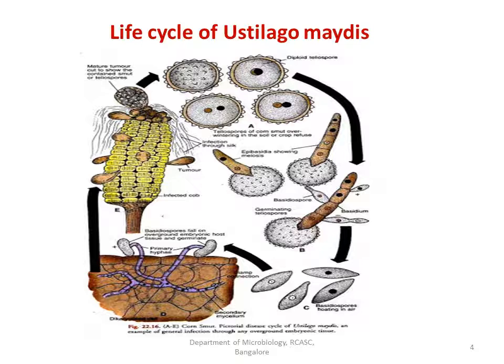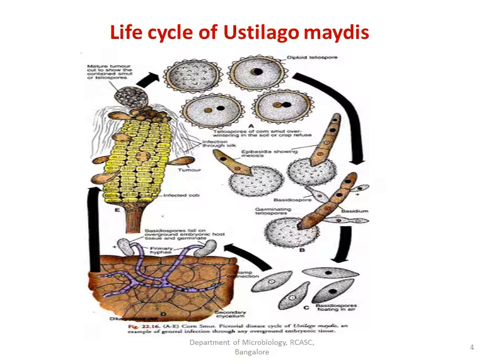At the same time, the diploid nucleus undergoes meiosis. Soon after meiosis, all four nuclei of opposite strains enter into this germ tube. The germ tube can be called the epibasidium. The epibasidium undergoes septation, and from each cell of the epibasidium basidiospores pinch out.